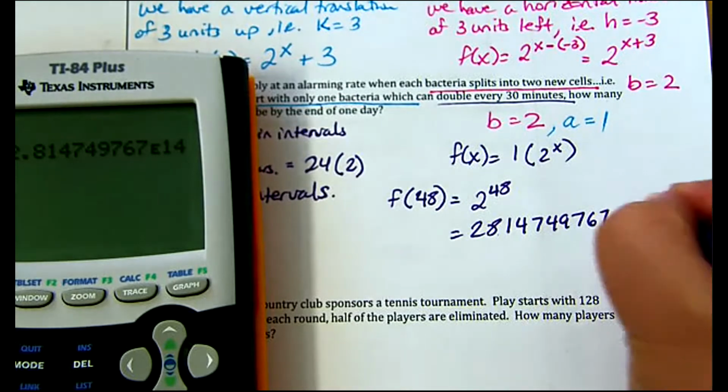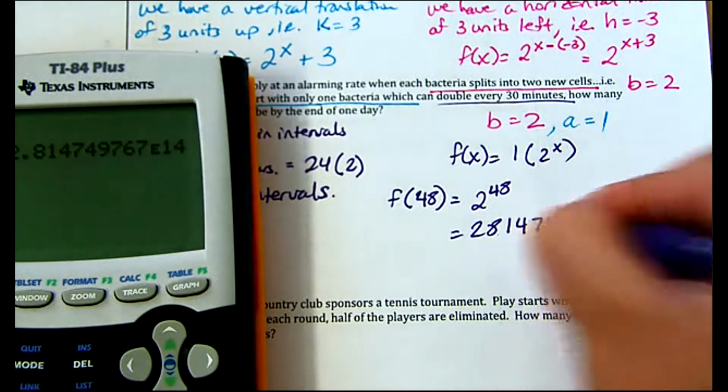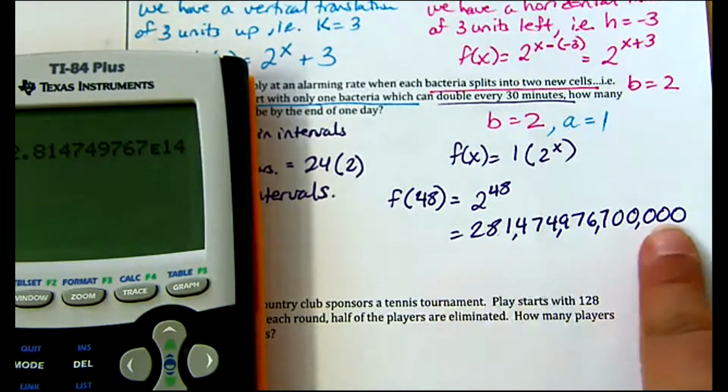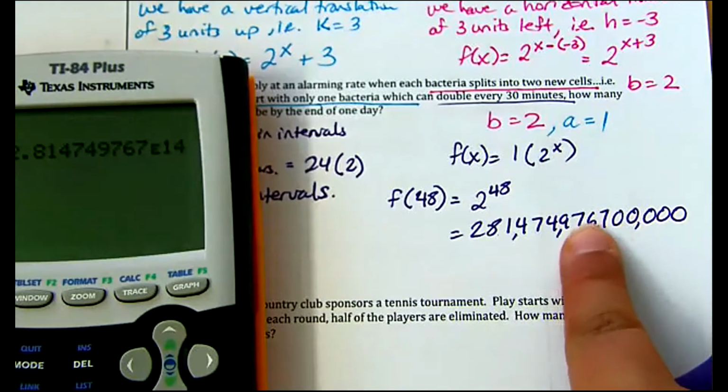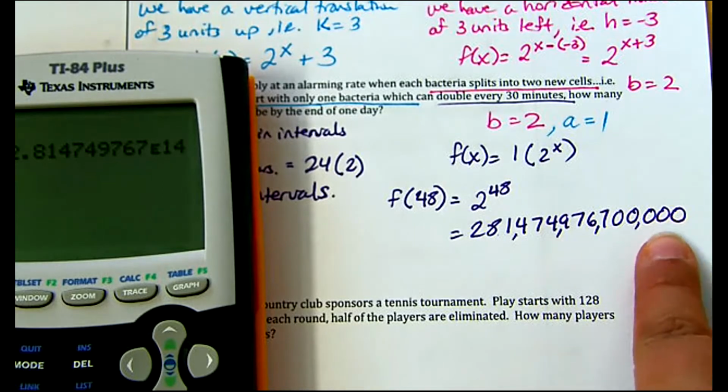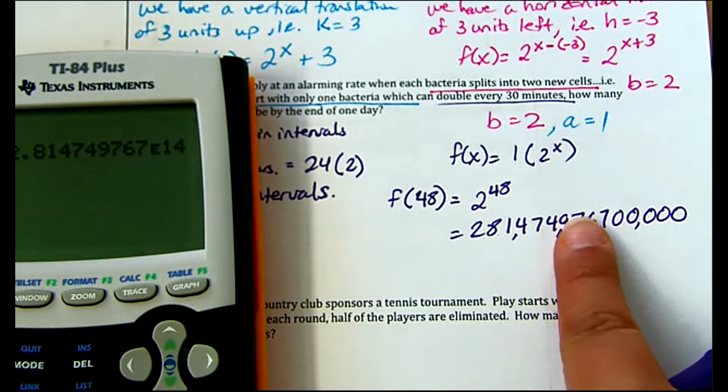So every 3 numbers, putting in a comma here. So that's hundreds, thousands, 100,000s. No, sorry. Hundreds, 100,000s.